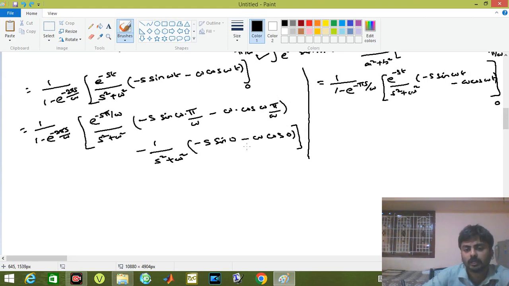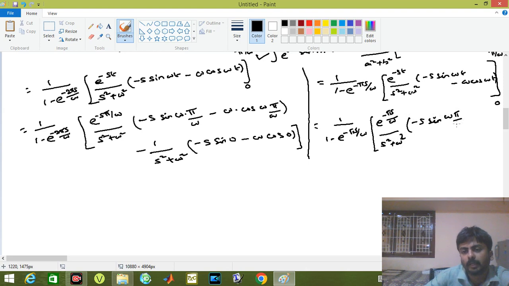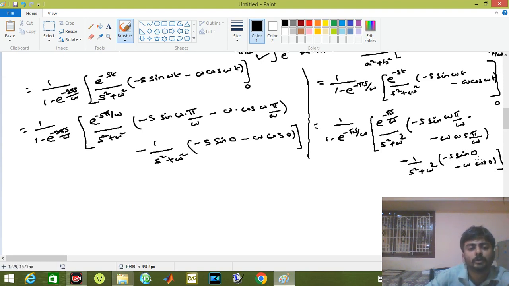So it is 1 by 1 minus e power of minus pi s by omega into e power of minus pi s by omega divided by s square plus omega square, into minus s sine omega into pi by omega, minus omega cos pi by omega, then minus 1 by s square plus omega square of minus s sine 0 minus omega cos 0.